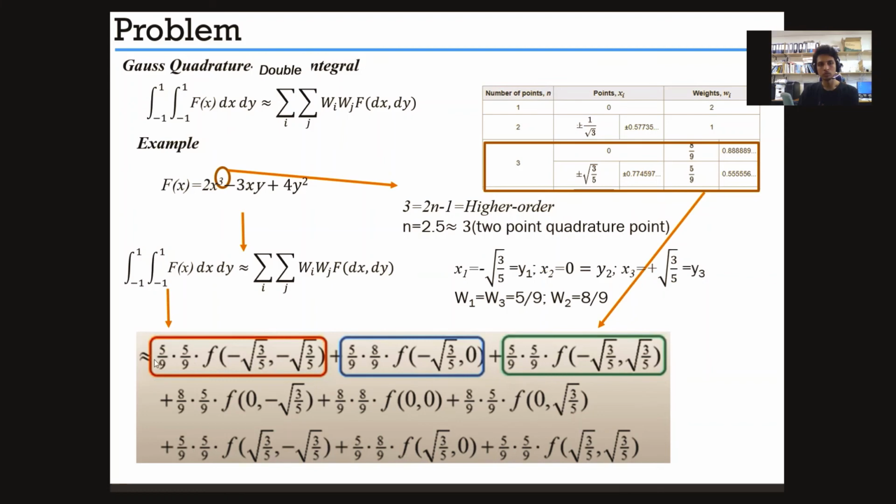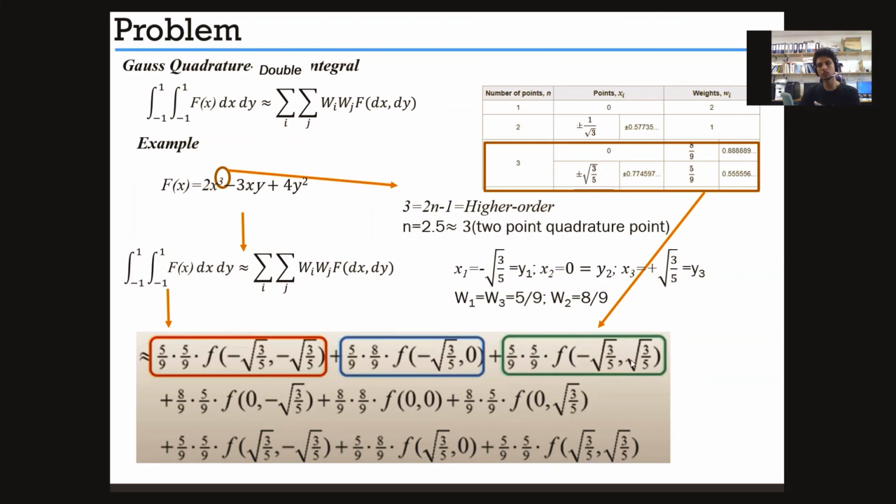How about the value? So we'll input the value w1 square, that is 5 by 9 whole square, and we will get the x1 square, then this is x1, and after that we will get x1 y2, like that.